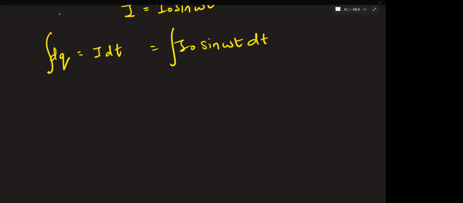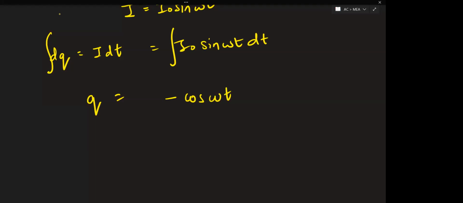Now see class, we are integrating it. So dq will give you q completely. I₀ sin ωt dt, this is left. The integral of sin θ gives you minus cos θ. So here you have sin ωt, this becomes minus cos ωt.